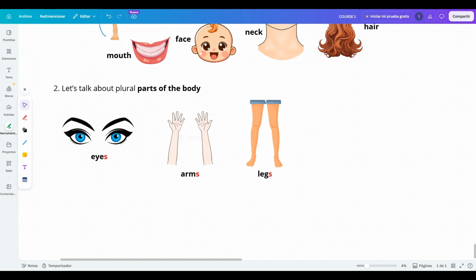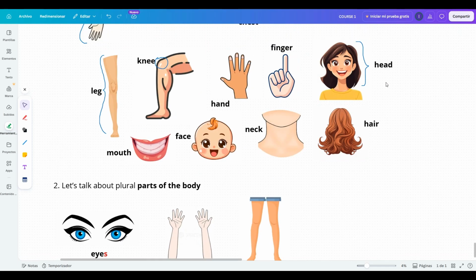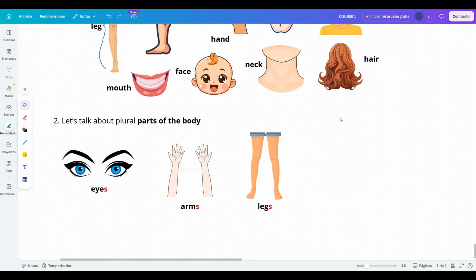What part of the body is this? Let me show you here. Two shoulders. Shoulders, shoulders. One moment, please. Two shoulders. All right.